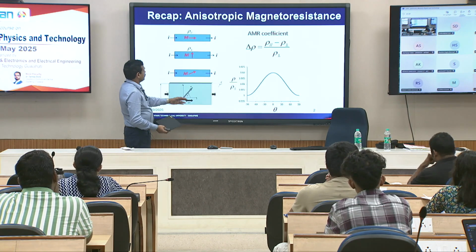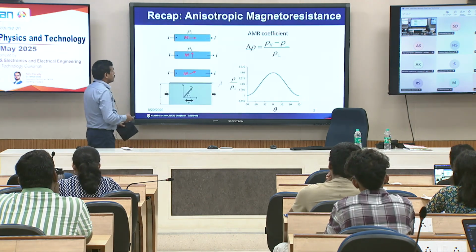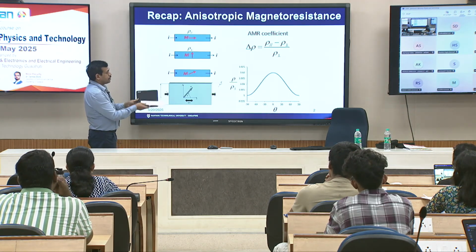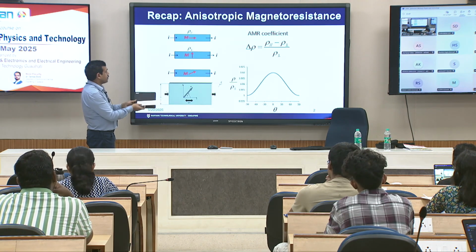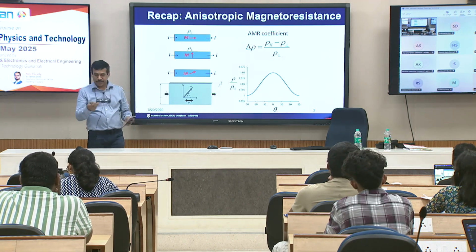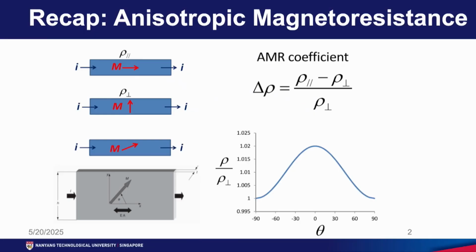If you look at this picture, we are just talking about one ferromagnetic layer and the magnetization being rotated. Magnetization gets rotated and it makes some angle with respect to the current, and that is what determines the resistance. Only one ferromagnetic layer.